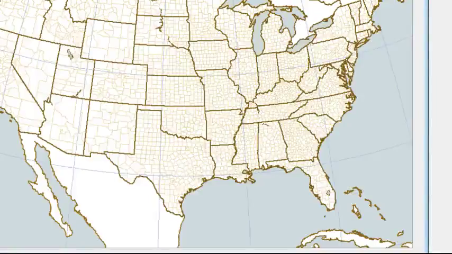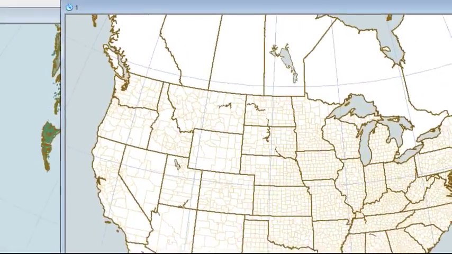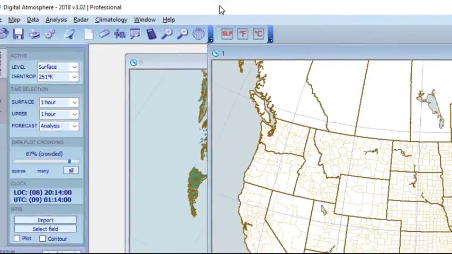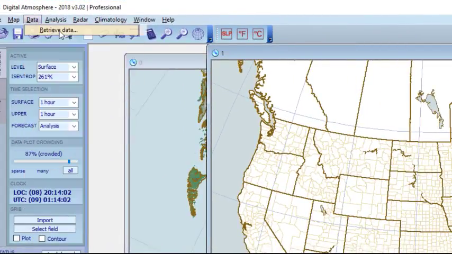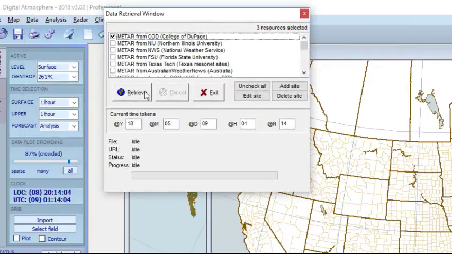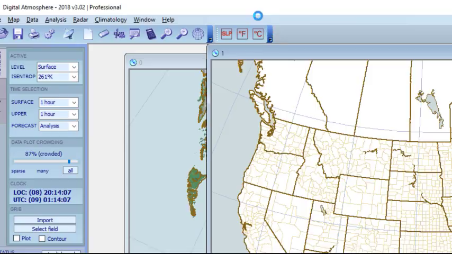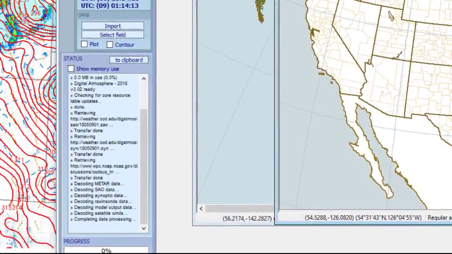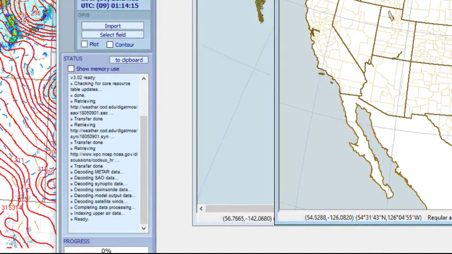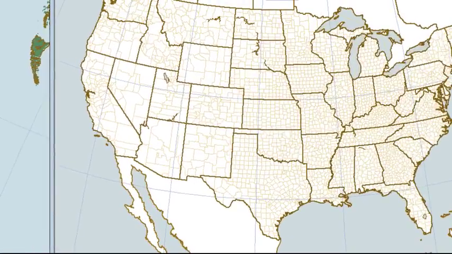Let me go and load up some surface plots in Digital Atmosphere. We can just go to retrieve data and bring that up. And this is the way we do the surface maps every evening. So there we are, processing the data, and it's ready to view.